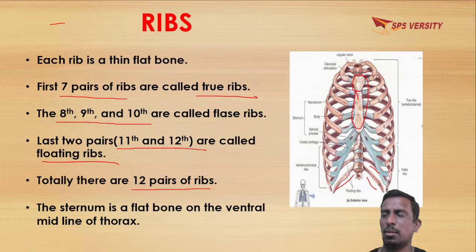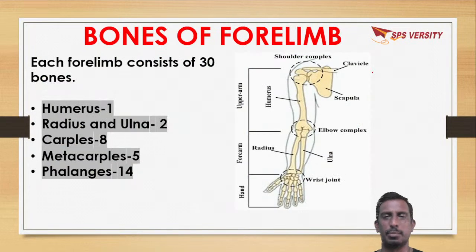True ribs are the first 7 pairs, false ribs are 8, 9, 10, and the last 2, 11 and 12, are floating ribs. So these are the bones which are present in the ribs.